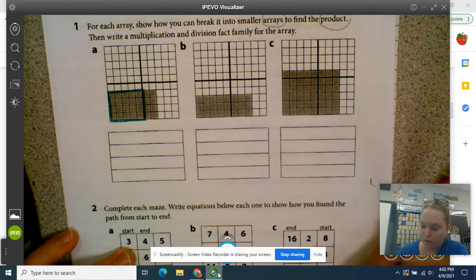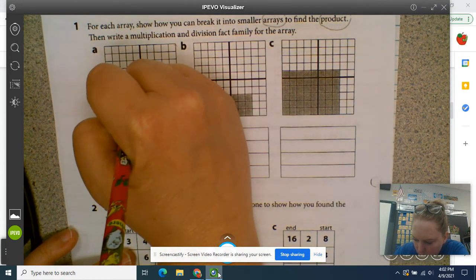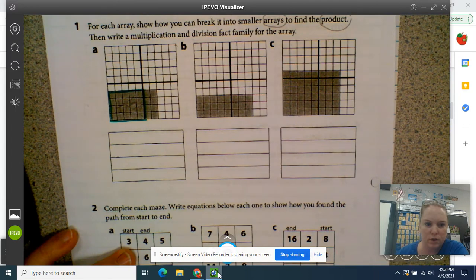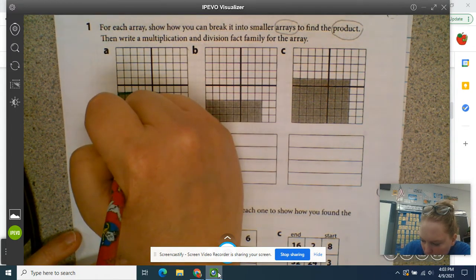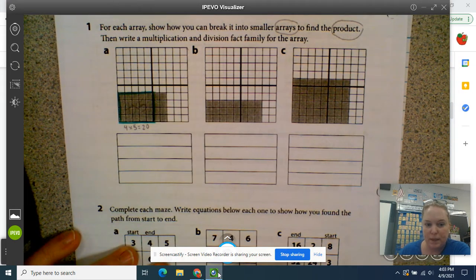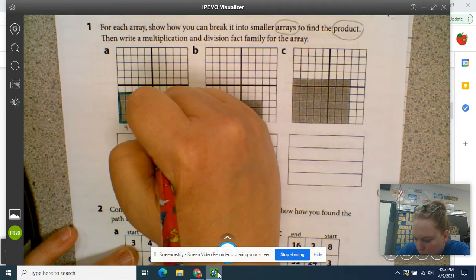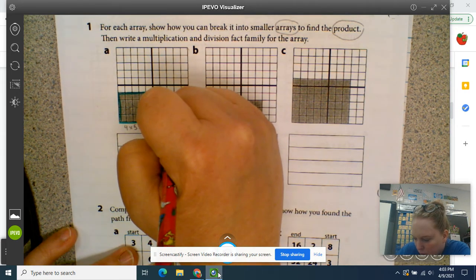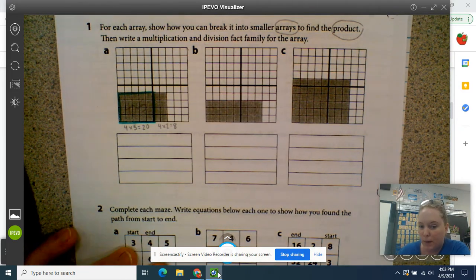So if I wrote in here 4 times 5, and you can probably hardly see that, I'll write it down here. 4 times 5 equals 20. And then I know that 4 by 2 equals 8.